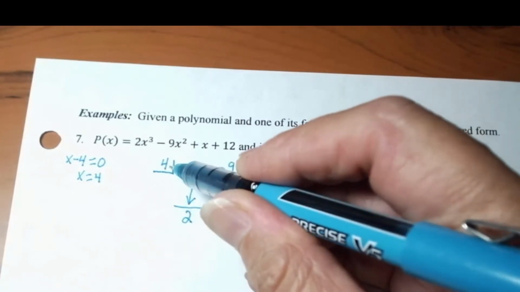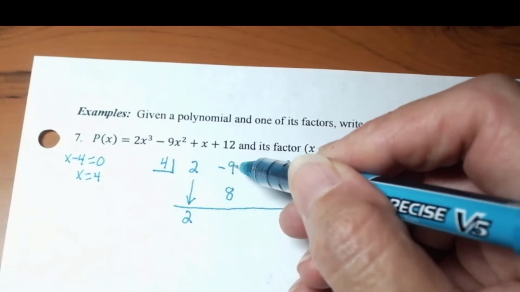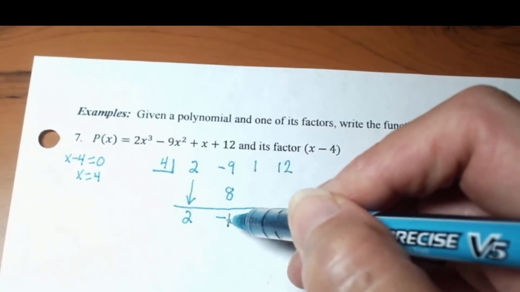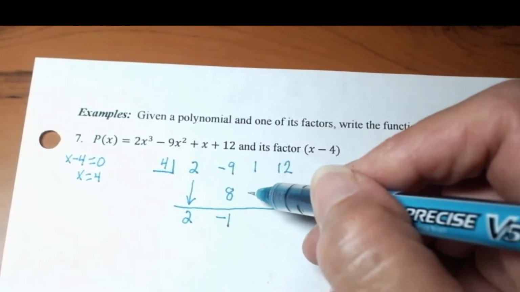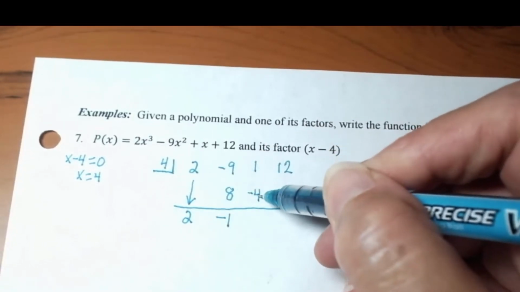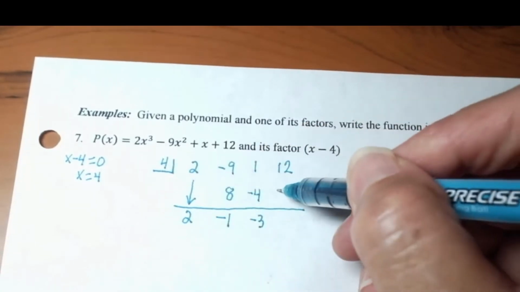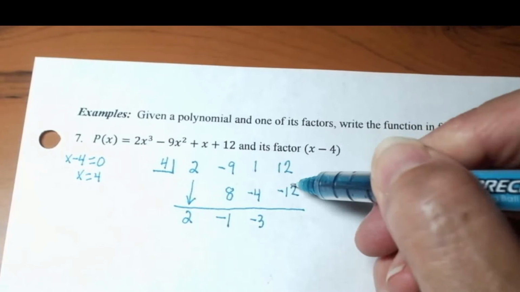So 2 times 4 is 8. Add these together and you get negative 1. Repeat the process. Negative 1 times 4 is negative 4. Add these together, you get negative 3. Then negative 3 times 4 is negative 12. And here we get 0.